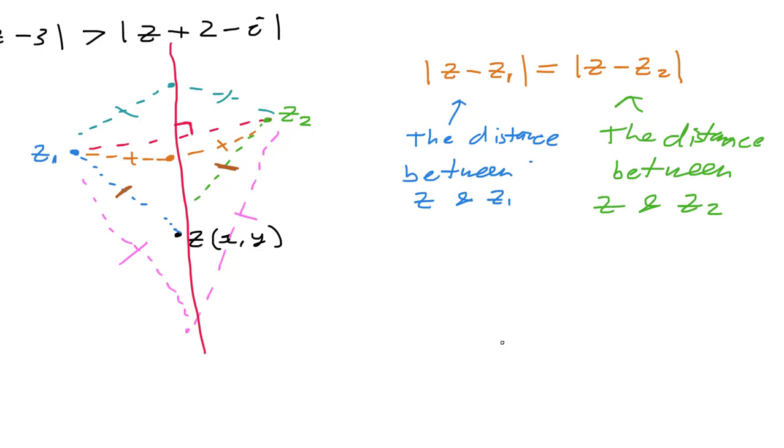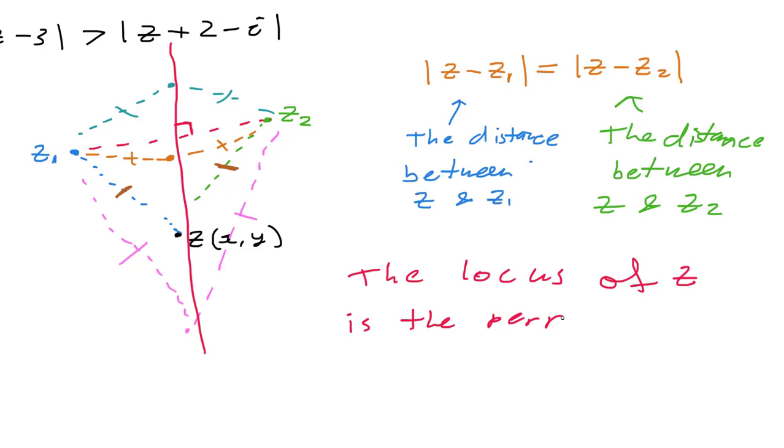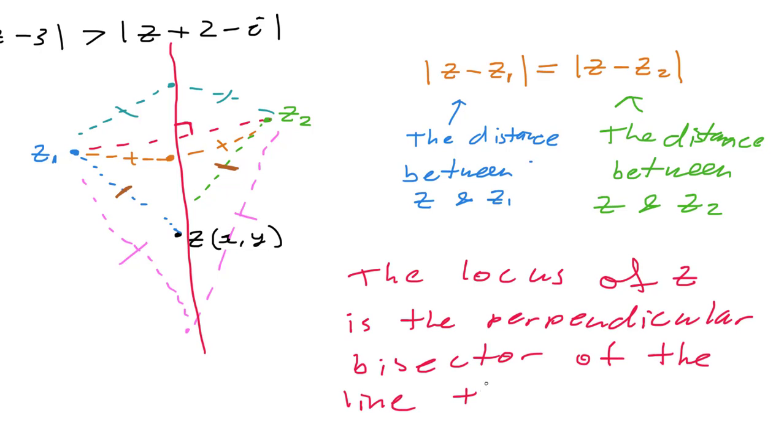So that gives us our definition: the locus of z is the perpendicular bisector of the line joining z1 and z2. It is the line that z can follow, and it's always perpendicular to the line that joins z1 to z2. That's the definition of the locus for this equation.